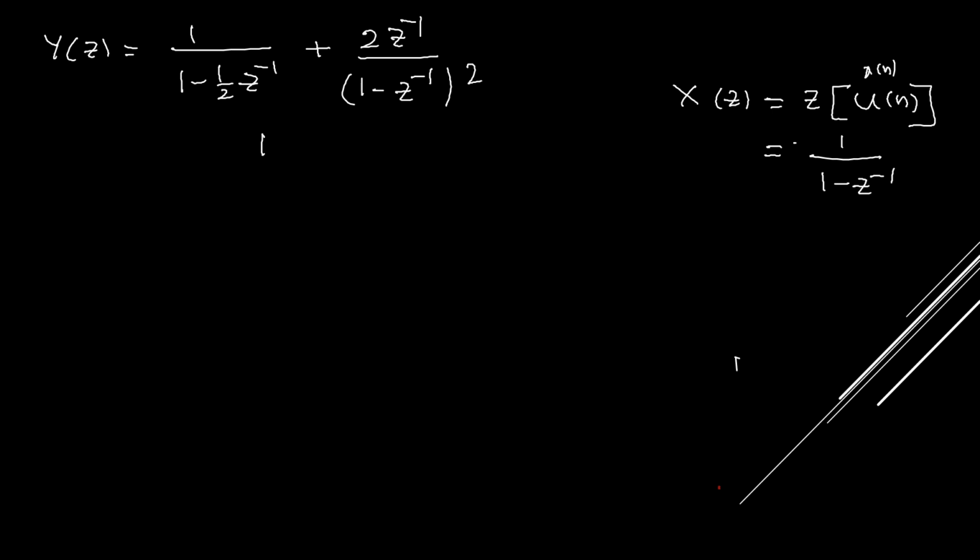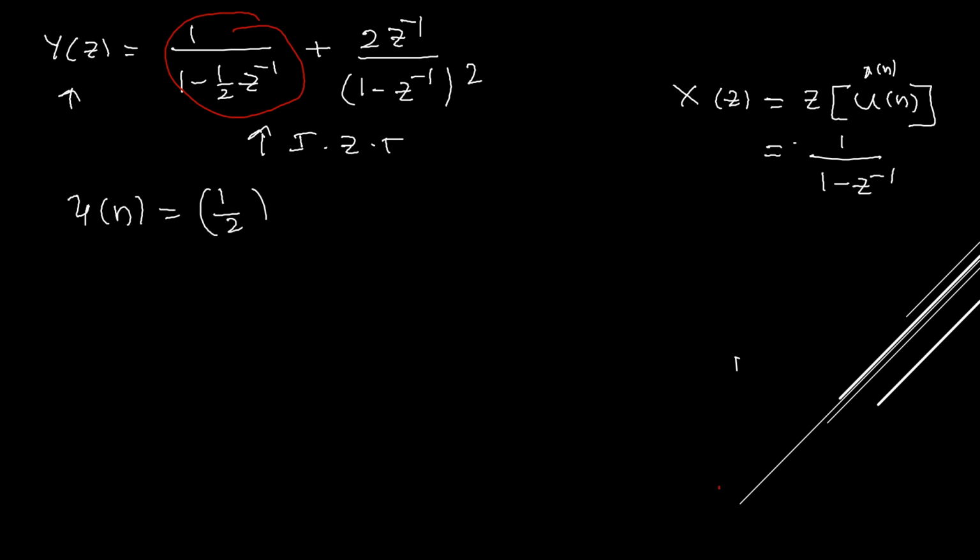Now if you apply inverse z transform on both sides, Y(z) inverse z transform is y(n). You know the inverse z transform of 1 by (1 minus 1 by 2 z power minus 1), where a is 1 by 2, so you can write (1 by 2) whole power n into u(n).